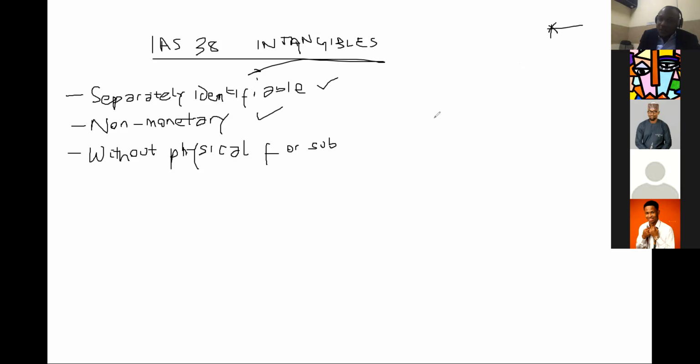You must have a figure that you can place on the asset. How are you going to write something as intangible in your statement of financial position and say, I don't know what the value is? Is that financial reporting not now becoming madness?